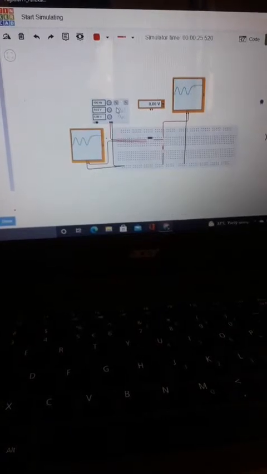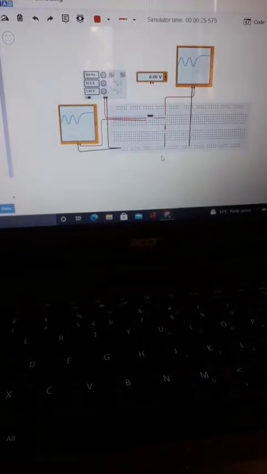So here we are at Tinkercad, which is the circuitry. I've already done it. This is the power, this is our generator, and this is our oscilloscope, one for the output and one for the input.